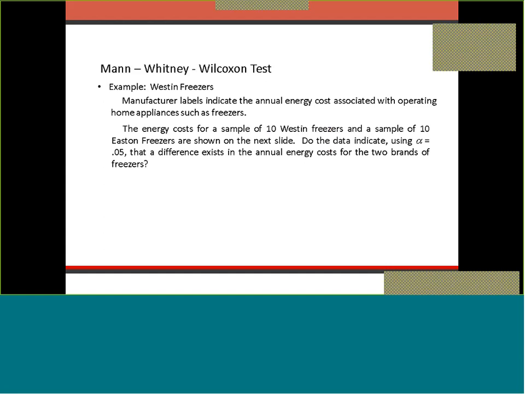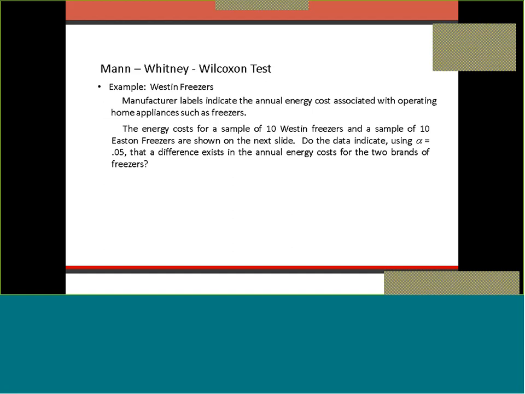The energy costs for a sample of 10 Western freezers and a sample of 10 Eastern freezers are shown on the next slide. Do the data indicate that a difference exists in the annual energy costs for the two brands of freezers? That means we want to check whether the two populations corresponding to the two samples are the same or not.